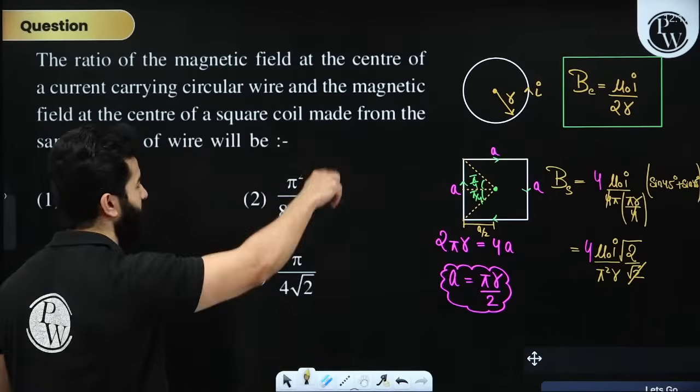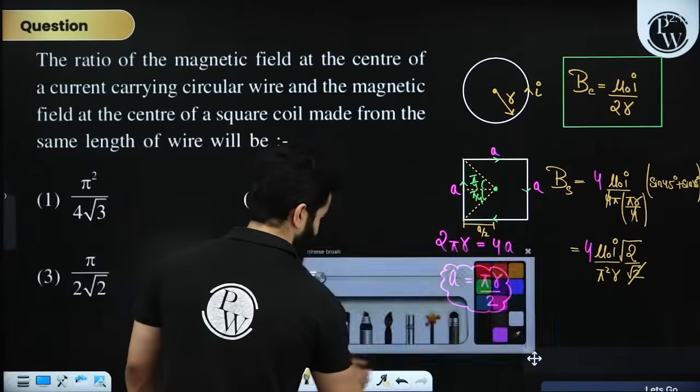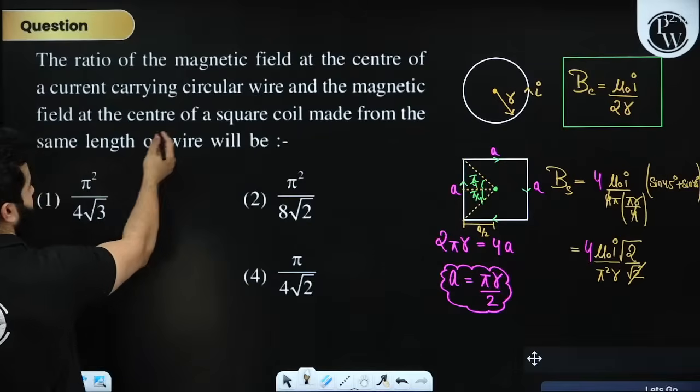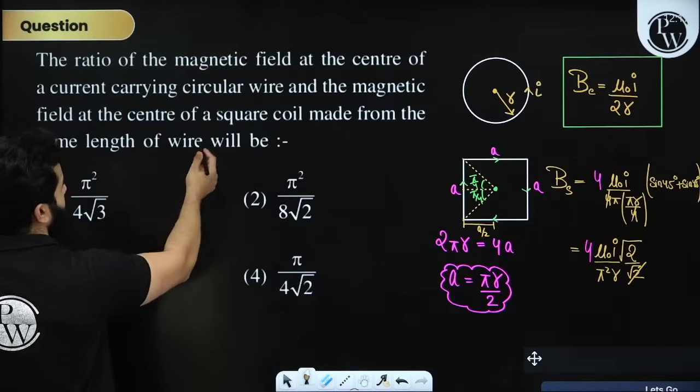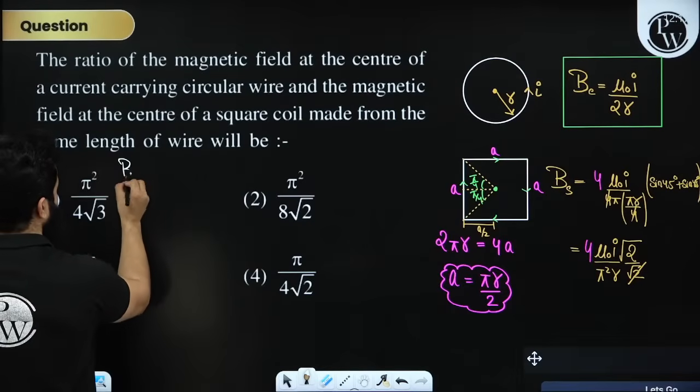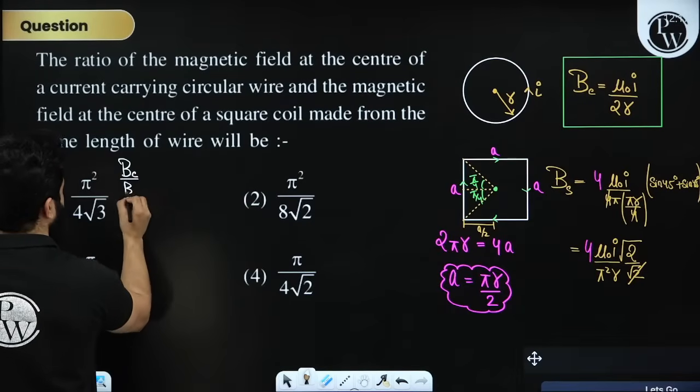Now you have to take the ratio of these two things. They are saying that at the center of the square made from the coils, first they are talking about the circular wire. So BC divided by BS.